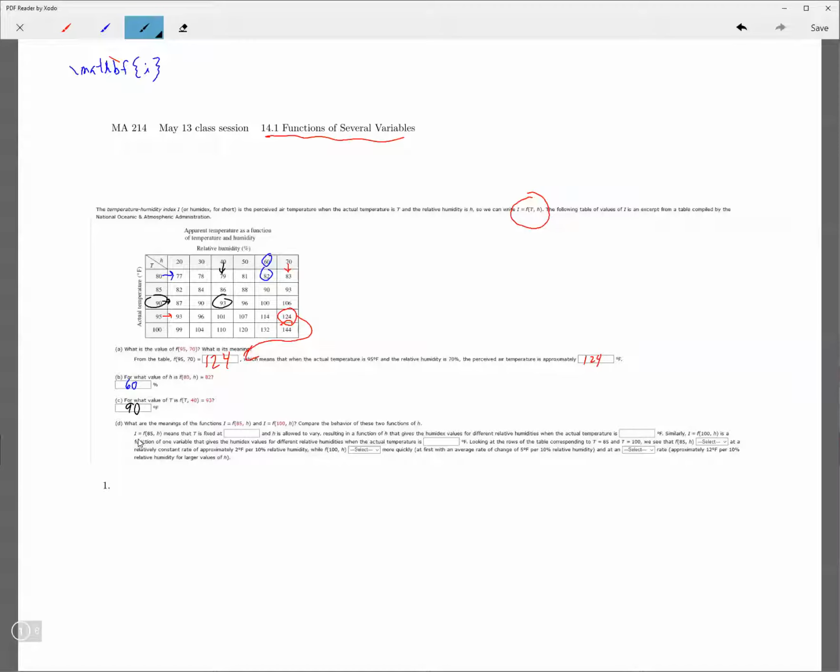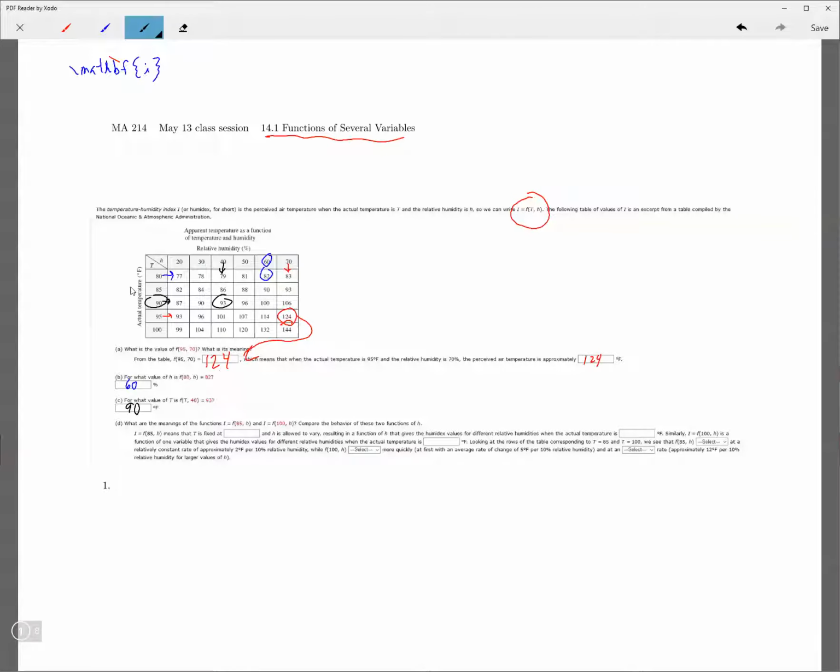And then the last part, what are the meanings of the functions? I think the only reason I put this question on the homework is because of this part D right here. What are the meanings of the functions I equals f(85, H)?